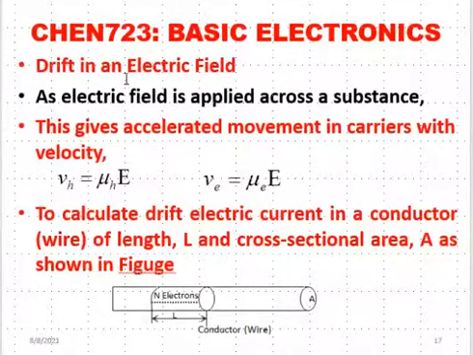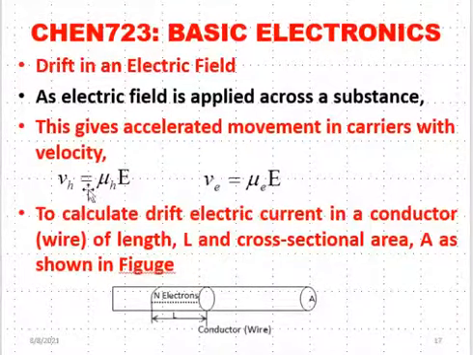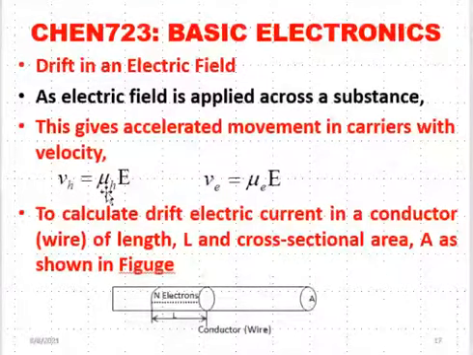Then we have the second one, which we call the drift, that is whenever you apply electricity. The diffusion is for the heat, the drift is when you apply electricity. The electric energy will push these carriers in such a way that they start moving. The charge carriers are either electrons, which are negative, or holes, which are positive.